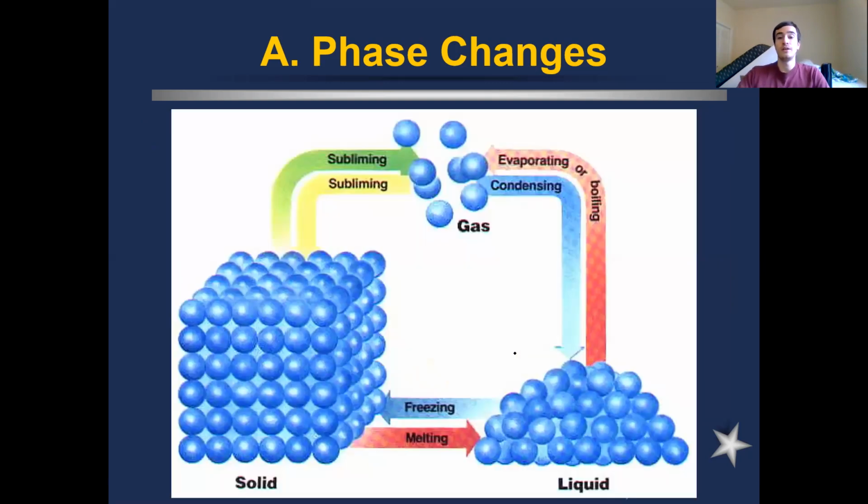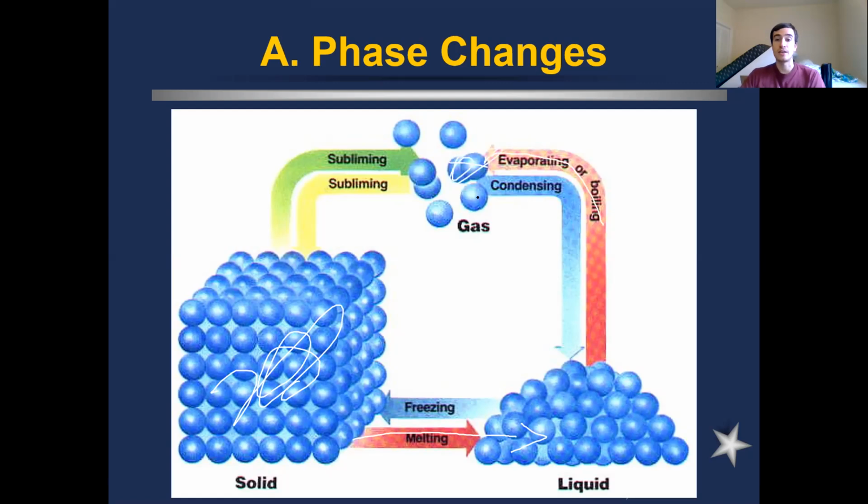So this little chart is a really useful one for keeping track of all things. We start in our solid. We heat it up to the point where the particles start to spread out a little bit and they become liquid, where we melt. So we go from a solid, melt into a liquid. We then heat up that liquid some more, and through evaporating or vaporizing, we become a gas.